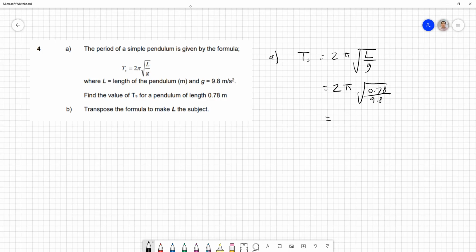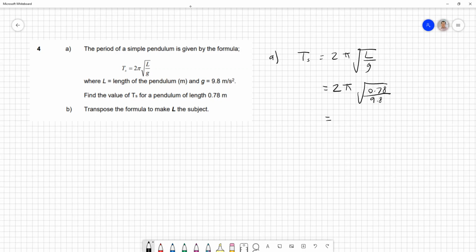I'm just going to type this in. 2 pi, and then I'm going to type in the root symbol. And I put in 0.78 divided by 9.8.